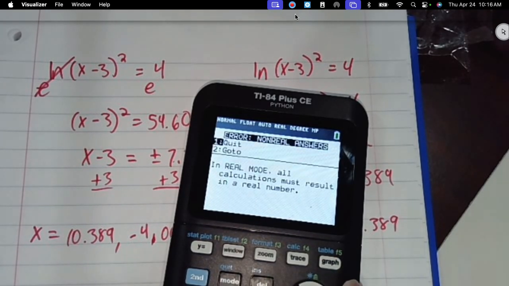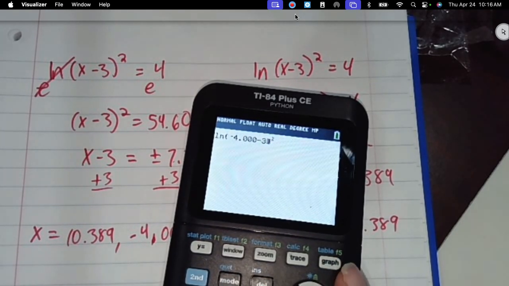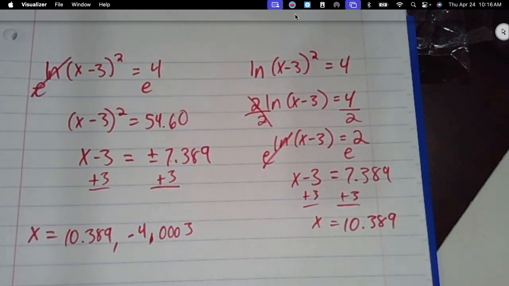Can you get out of it again? Maybe just redo it. It says it's not a real answer. I've done something wrong. Yeah, I'm about to redo it. The natural log of negative. Oh, it's 4.39. That's why.